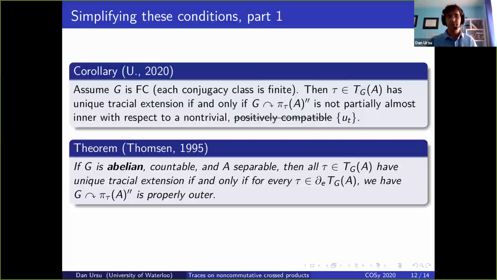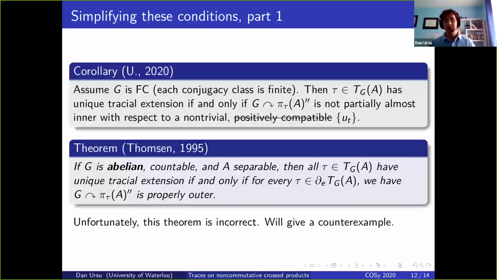There's also a theorem of Thomsen, again back from the 90s, which says that if G is abelian, and again with additional assumptions, and the way he words it is in terms of all traces simultaneously, all G-invariant traces have unique extension if and only if for every extremal G-invariant trace, I should say, the action on the double commutant is properly outer.